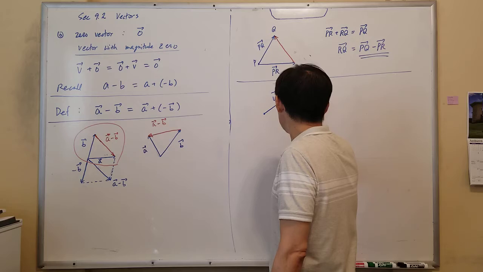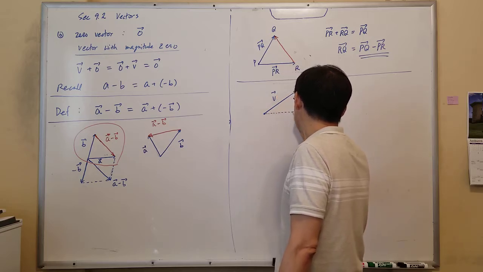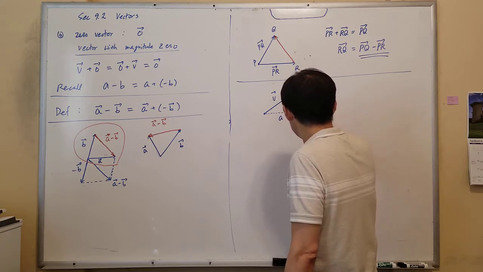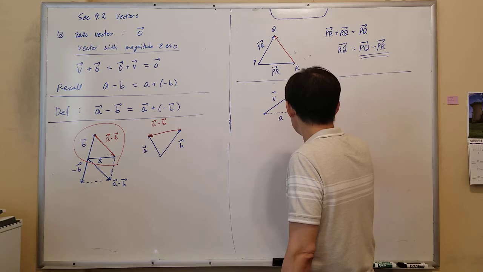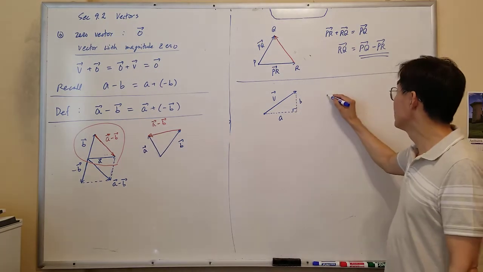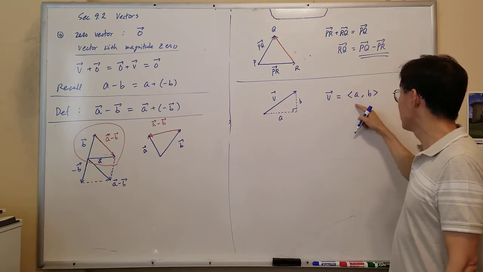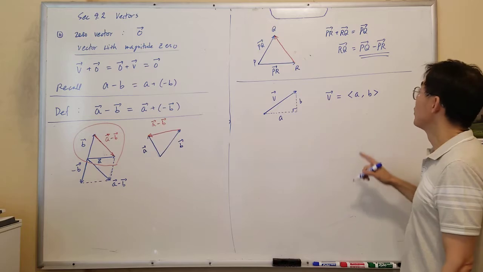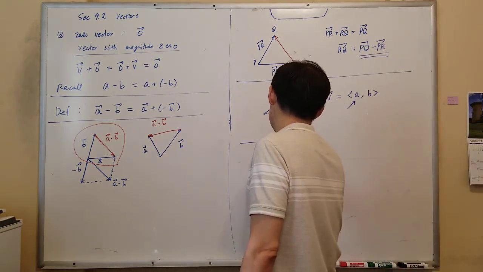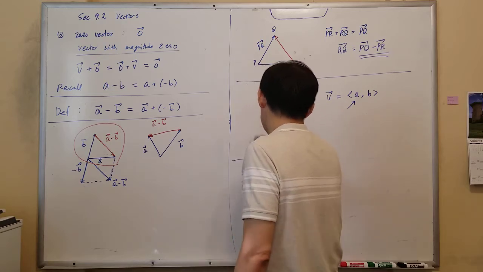From the initial point to the terminal point, horizontally, how much do you have to go? Let's say A. From there, how much do you have to go vertically? In that case, you say angular bracket A, B. We call A the x component. Let's say the horizontal direction is the x coordinate. This is the y coordinate. Alright?